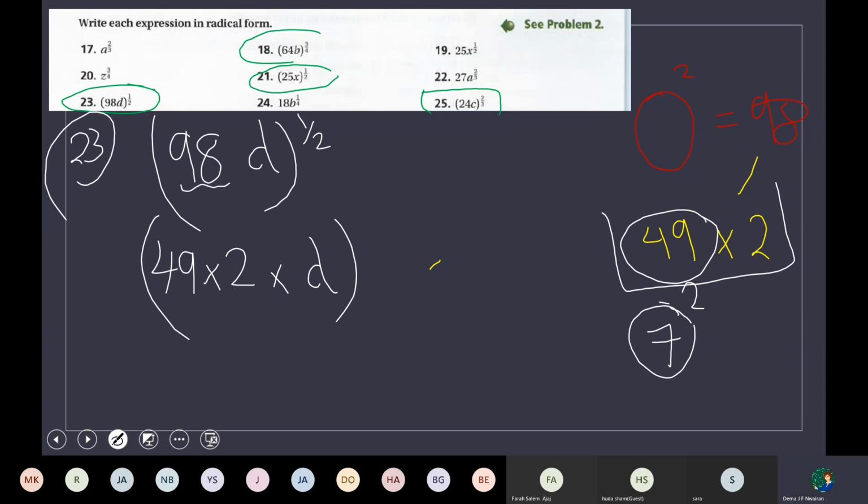Because 98, I will rewrite as 49 multiplied by 2, then raise to the power half. Then 49 raised to the power half and 2d raised to the power half.